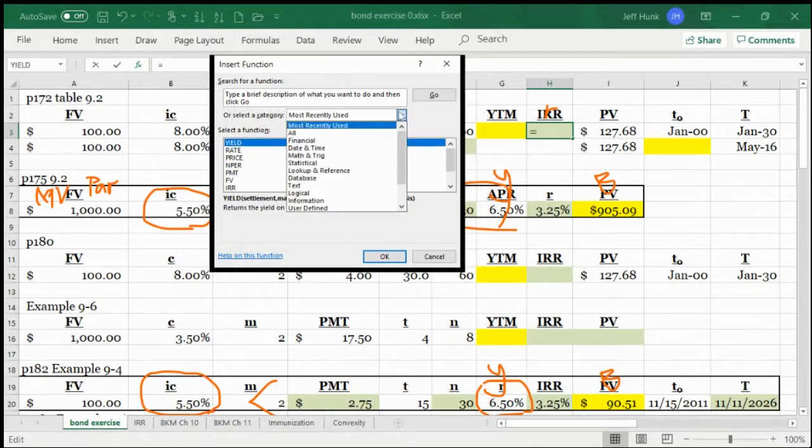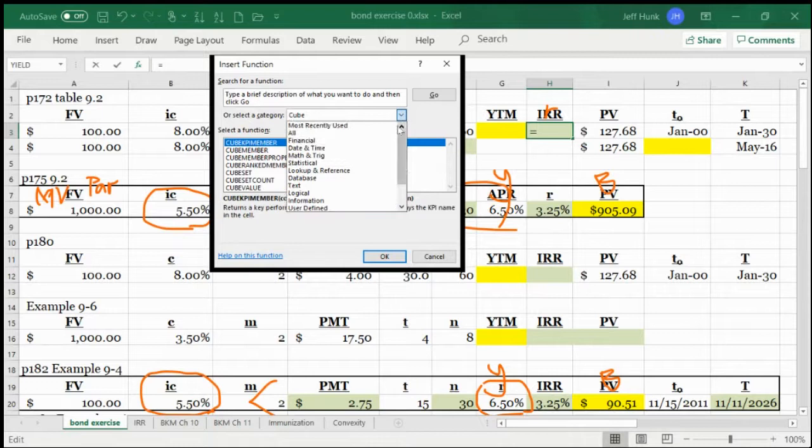But let's see the function categories. There are financial, date and time, math and trigonometry, statistical functions, lookup and reference, text, logical, information, cube, compatibility.